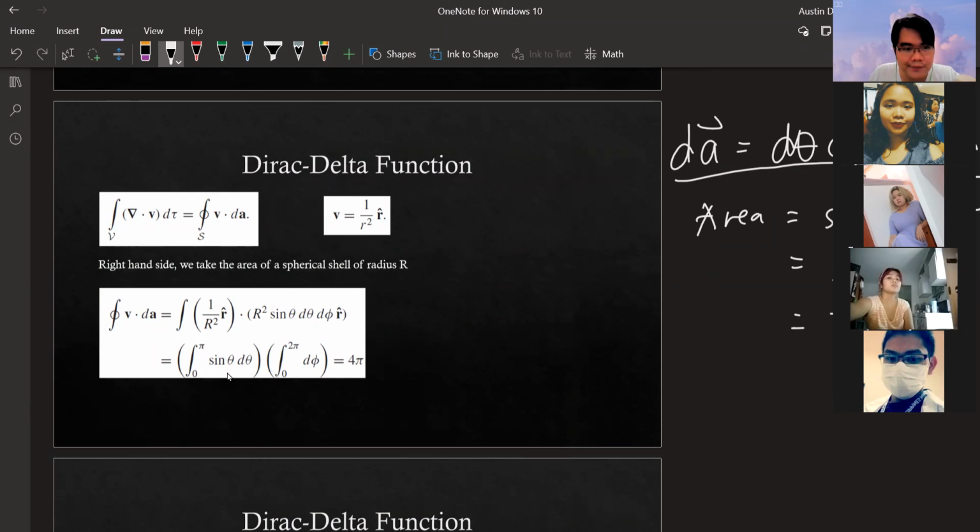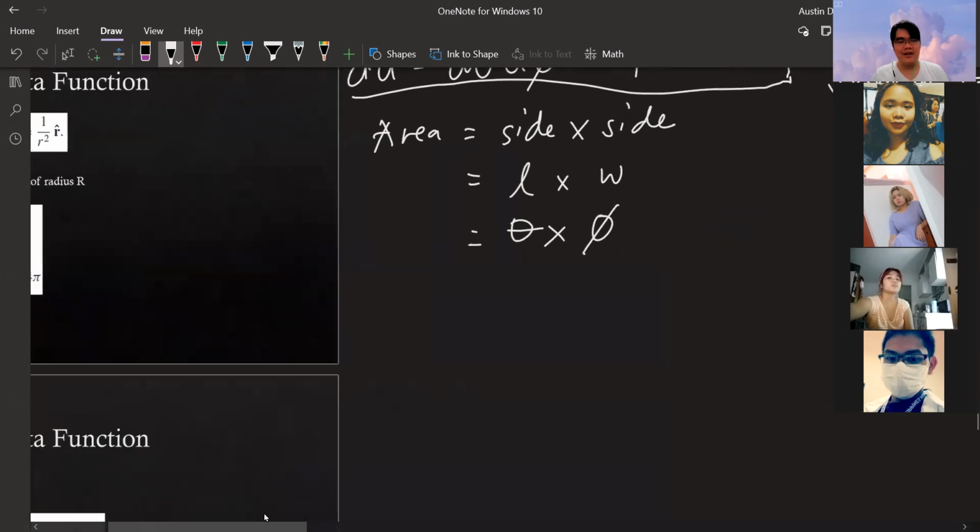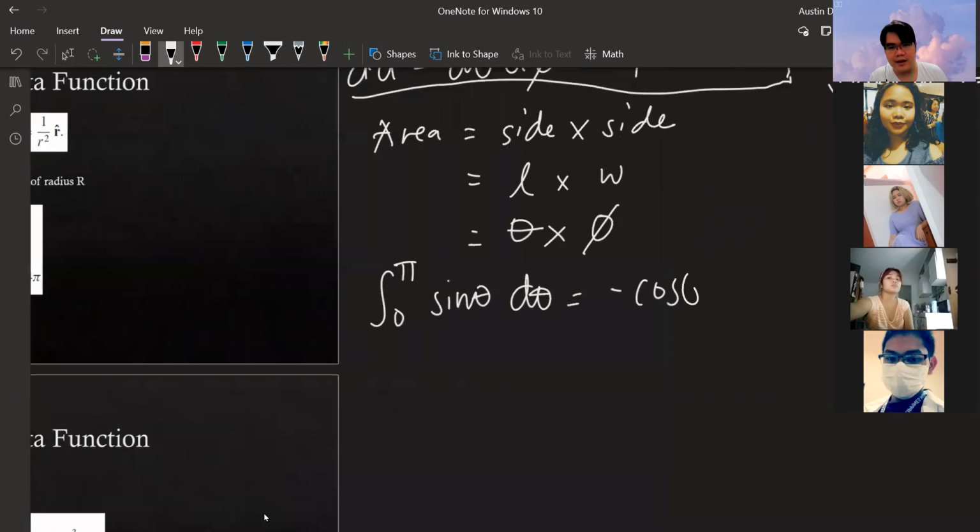Gawin natin yung sine, 0 to pi, sine theta, d theta, para di tayo malito. So negative cosine theta evaluated from 0 to pi.